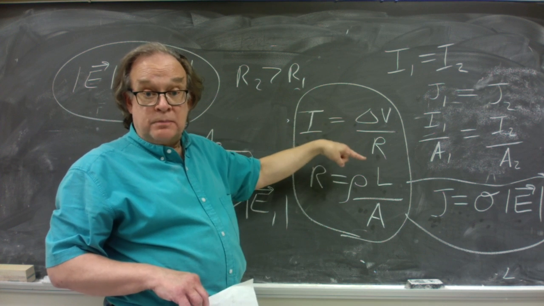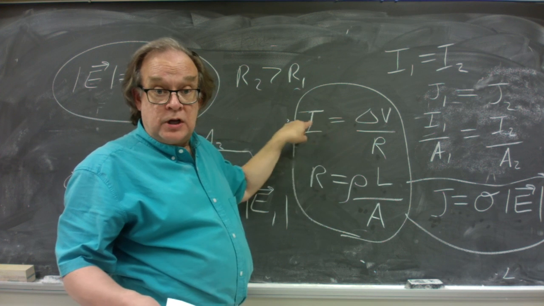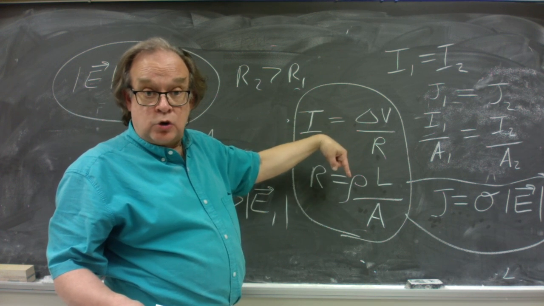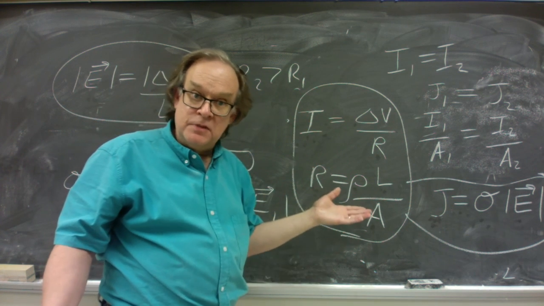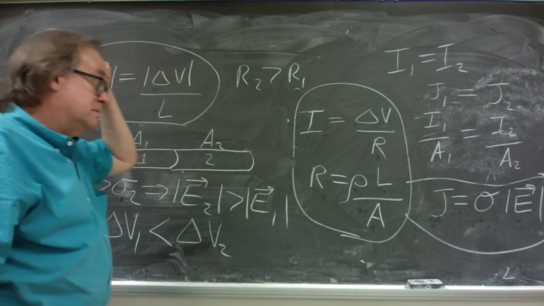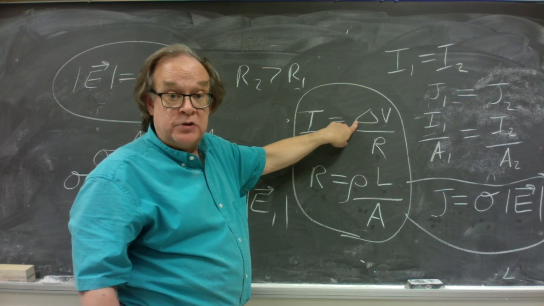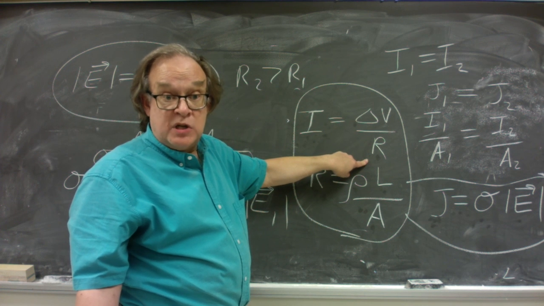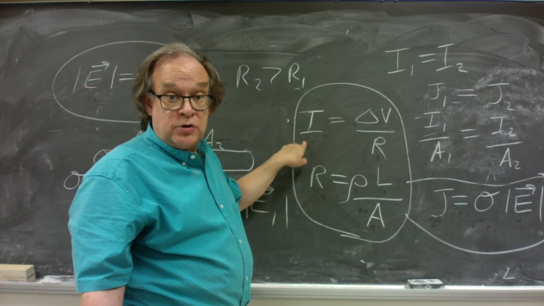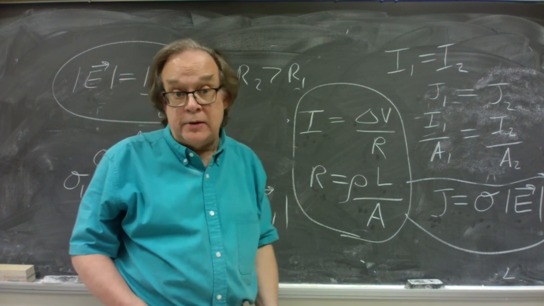If this is bigger, this has to get bigger by the same factor in order to keep the quotient, in other words, in order to keep the current the same. If there is twice as big a potential difference in segment 2, then segment 2 must also have twice as much resistance in order to get the same amount of current in both segment 2 and segment 1.